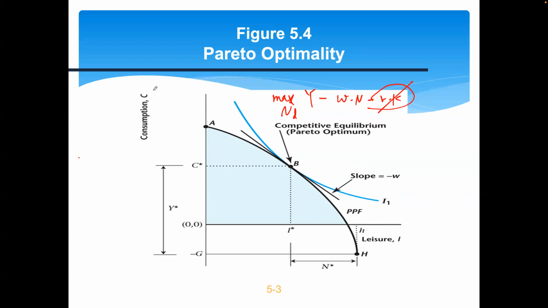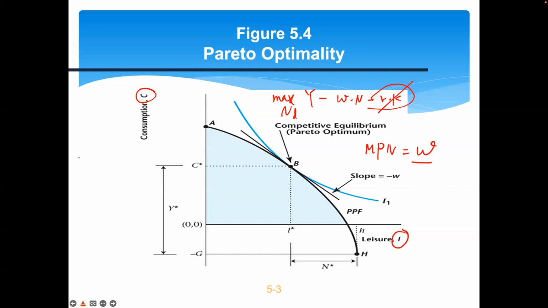Essentially, what combination of C and L can they produce? In equilibrium, the best the firm can do is to choose labor demand such that the marginal productivity of labor equals the wage. The wage is exogenously given. This is what we discussed earlier.